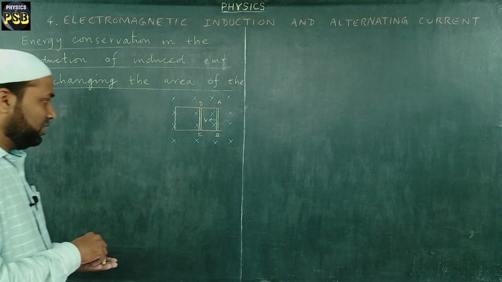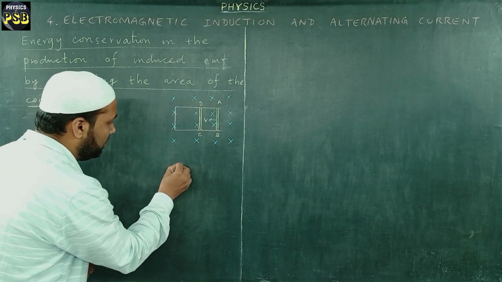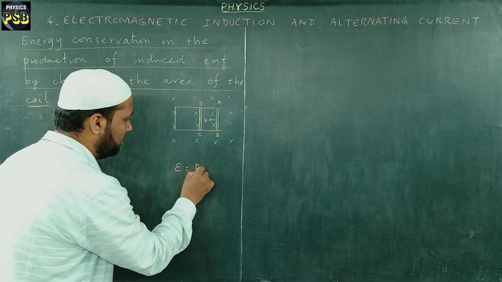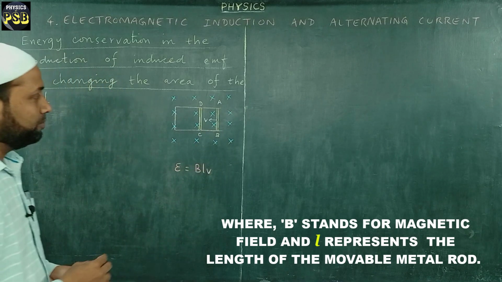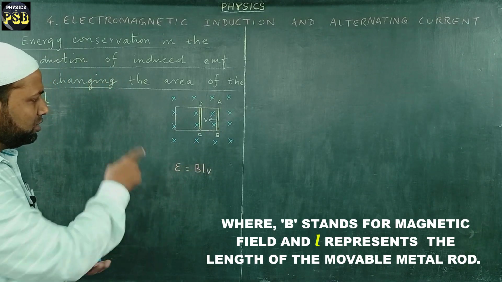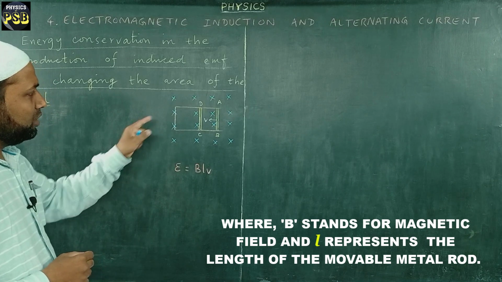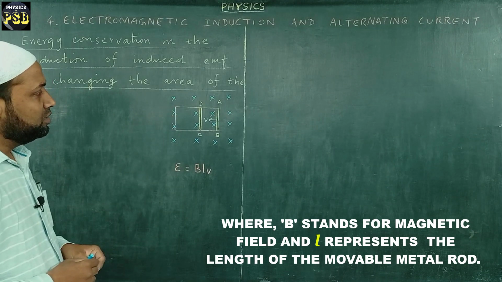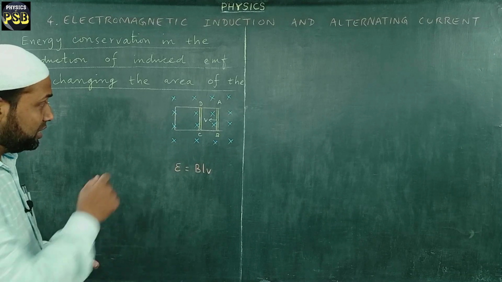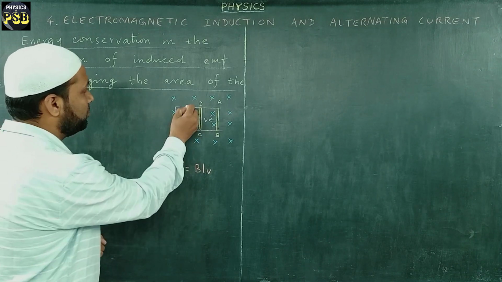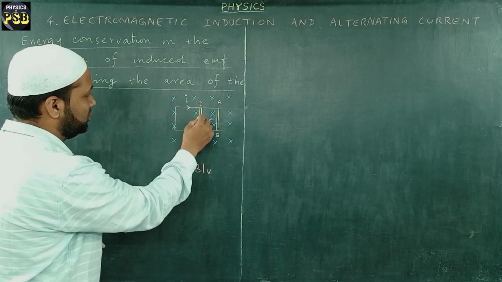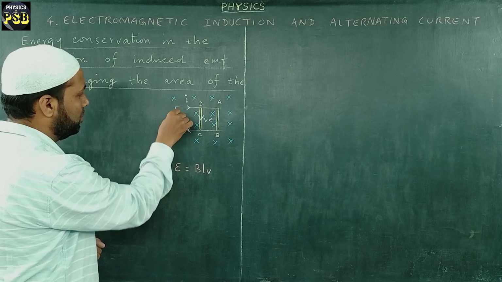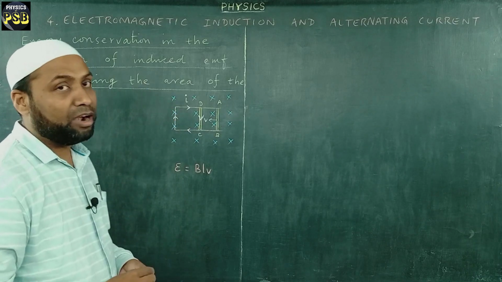So the induced EMF here is represented by the letter epsilon, and it's nothing but BLV. Here, due to the resistance offered by this loop, an induced current is generated, and that induced current flows in this direction according to Fleming's right hand rule.